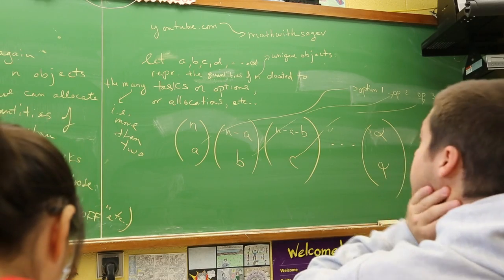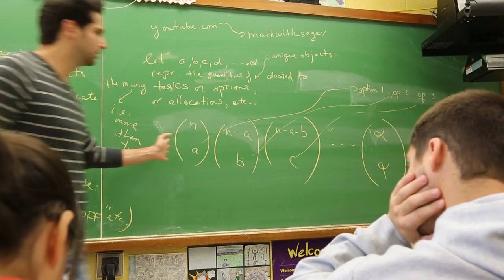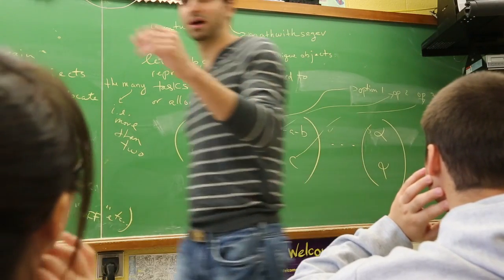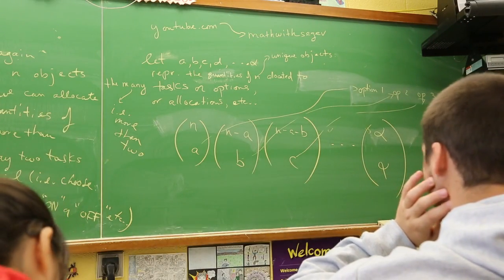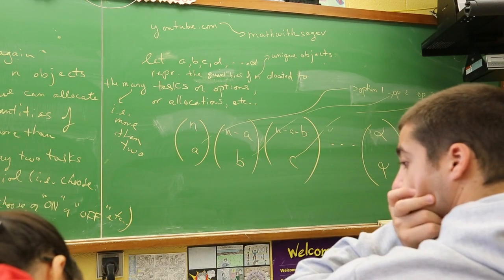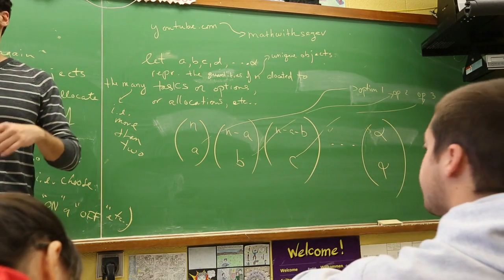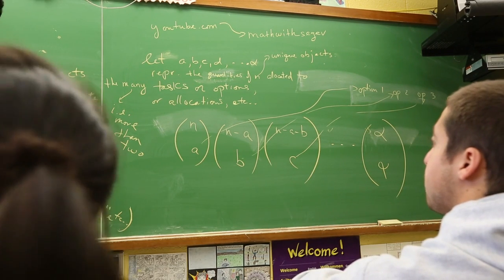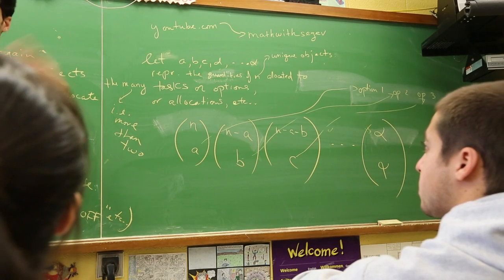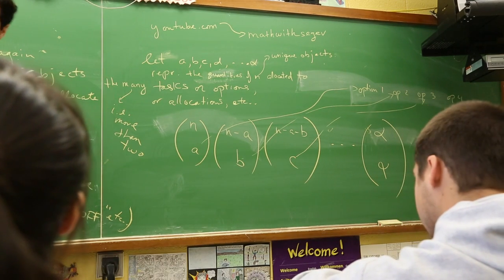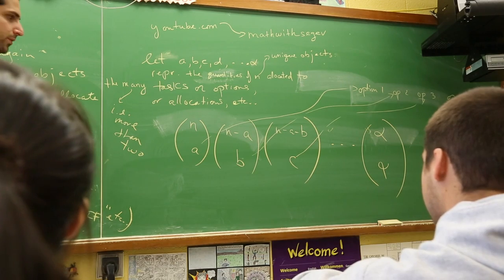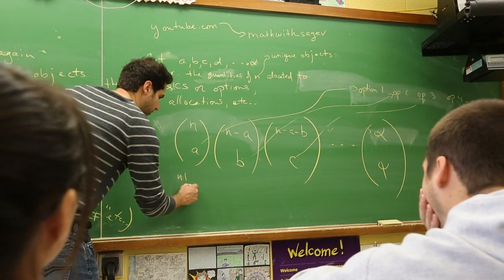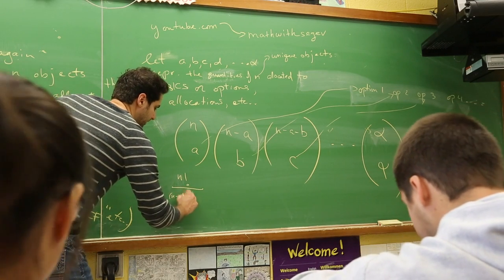Now, let's see. You remember the mathematical definition of combinations? It was basically permutations with order removed. Permutations was n factorial divided by n minus r factorial, the number that aren't in the lineup, if you will. Combinations was that divided by r factorial, again, to remove the order. So if we apply that definition here, we have n factorial over n minus A factorial.